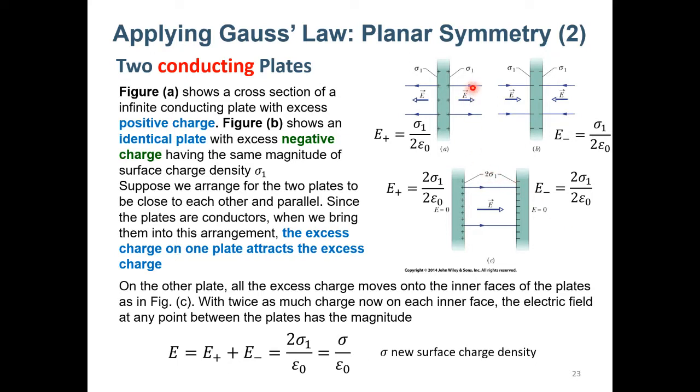And now the surface charge density will be double because all the charge goes to one side. So the overall field generated by this structure is E plus plus E minus. So this term plus this term will be 2 sigma 1 over epsilon 0.